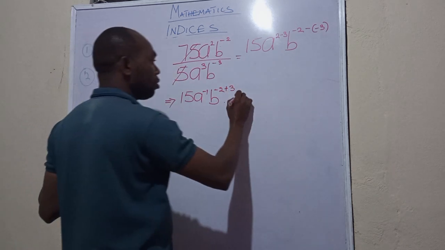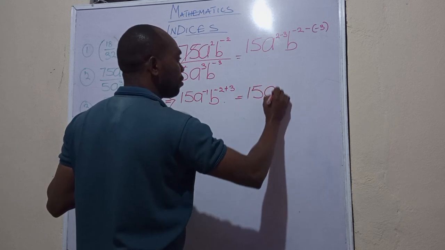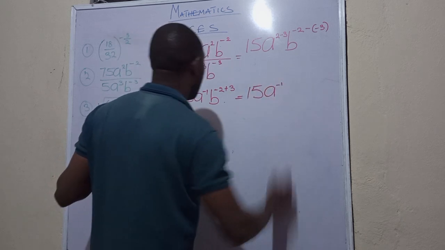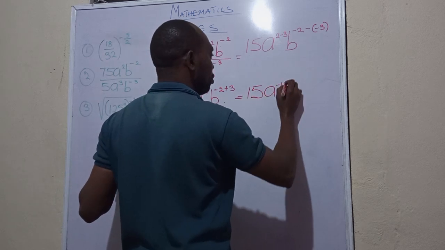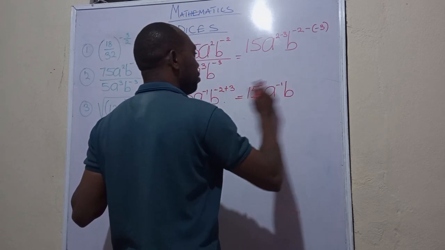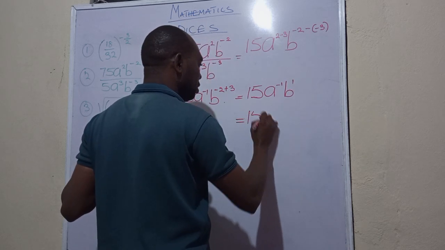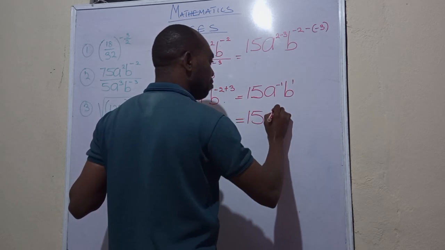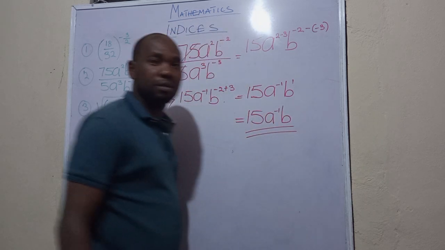So that will result in 15a raised to the power of minus 1, b raised to the power of 1, which is 15a raised to the power of minus 1, b as the answer.